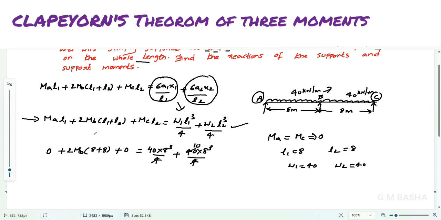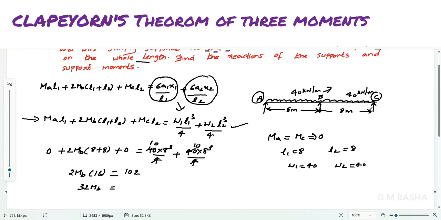After simplifying, 2MB into 16 is 32 MB. Similarly on the right side, simplify 8 into 8 into 8 into 10 plus 8 into 8 into 8 into 10, directly using your calculator.